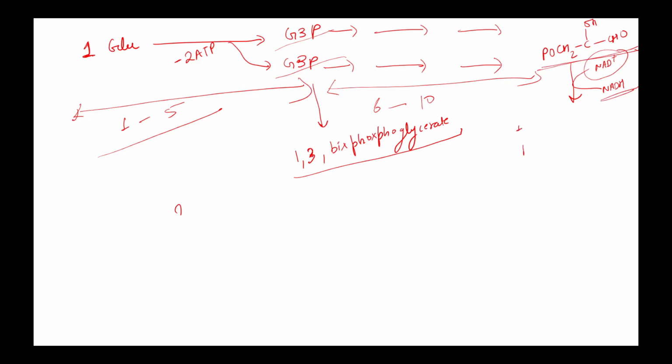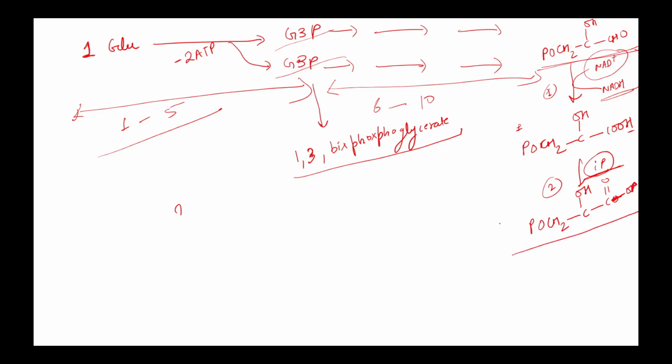So in the first step, what happens? First, the oxidation of this aldehyde takes place to make a carboxylic acid, and then in the second step, the inorganic phosphate, the orthophosphate, joins at that particular position. So this is 1,3-bisphosphoglycerate. So this structure gets formed. Okay.